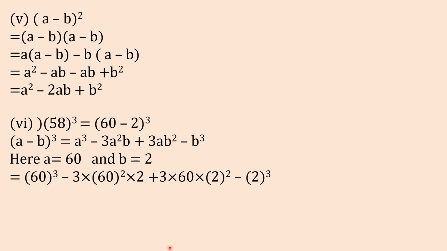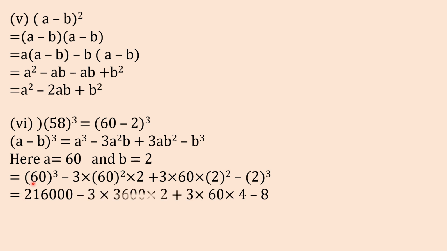Now students, let's simplify and find the answer. 60 the whole cube will give you 216000, minus 3 into 60 the whole square, which is 3600, into 2, then plus 3 into 60, then 2 square will become 4, minus 2 the whole cube will become 8.